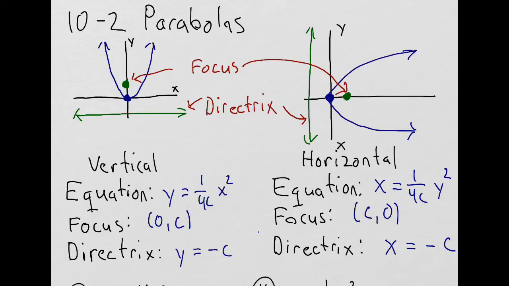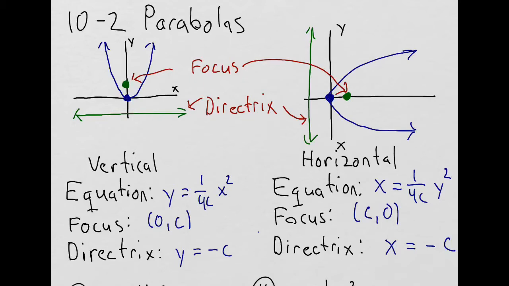And so again, we have two types of parabolas. We have the vertical and we have the horizontal. The vertical we've worked with before. Here's the equation we're working with in this section. Again, we're focusing on centering at the origin here.